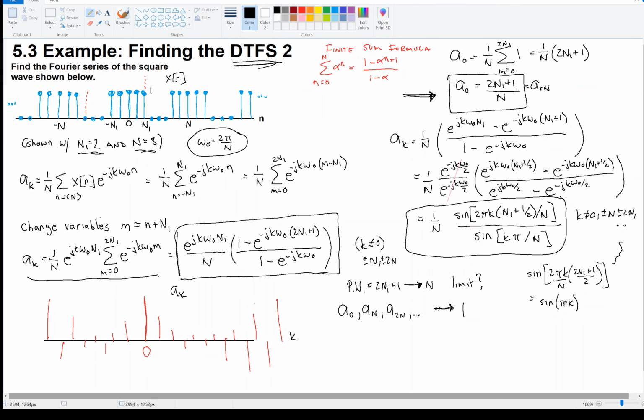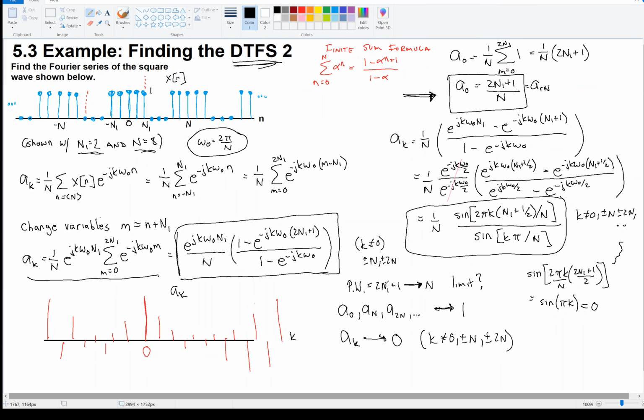So what's the sine of pi k? For any integer k, the sine of pi k is equal to 0. So the other AKs go to 0 in this limit, k not equal to 0, plus or minus n, plus or minus 2n, and so on. So what does that mean? Well, again, remember, why is this limit so interesting to us?